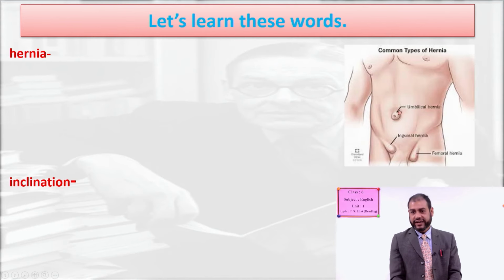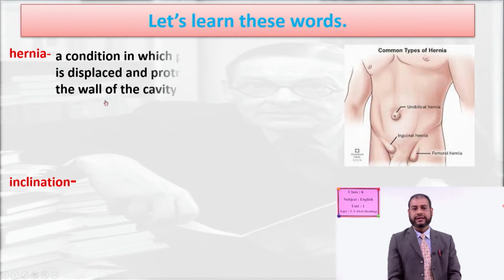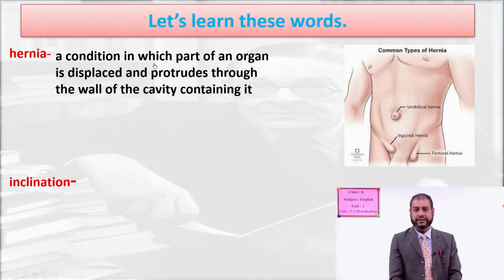See, if we have this type of problem, look, I am pointing here, this type of problem, this is what we call hernia. So, it is a condition in which part of an organ is displaced and protrudes through the wall of the cavity containing it. This is the name of the disease.